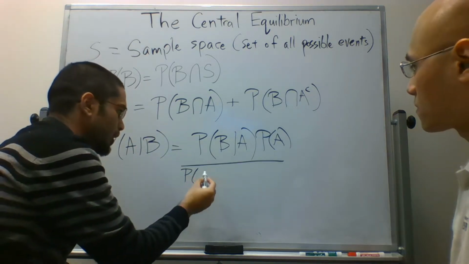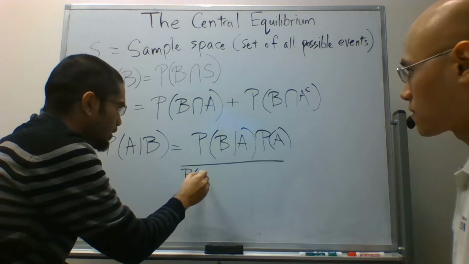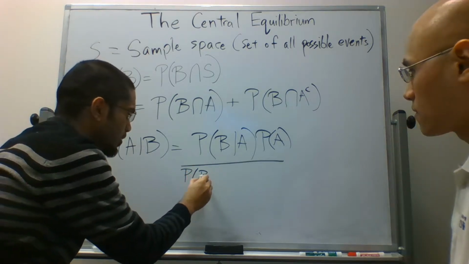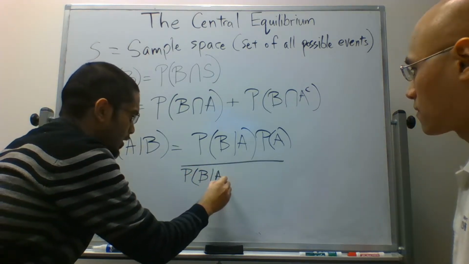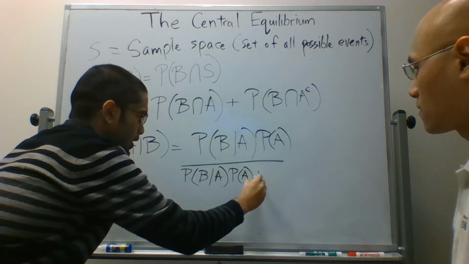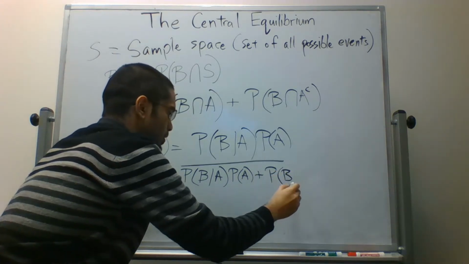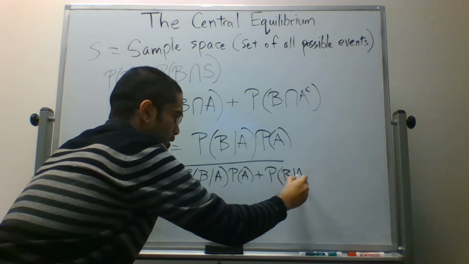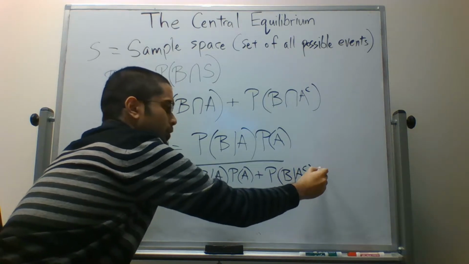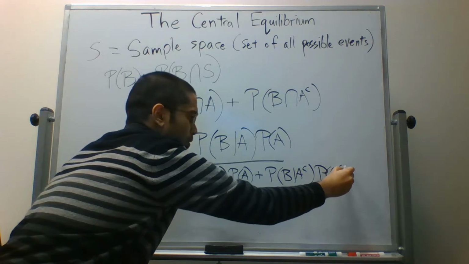So that will be probability of B given A times probability of A plus probability of B given A complement multiplied by probability of A complement.